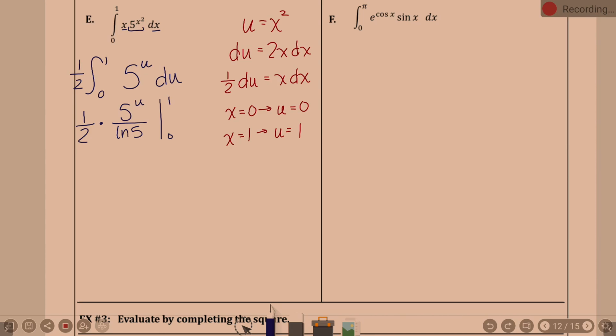The 1/2 can just stay out front. So 5 to the first over natural log of 5 minus 5 to the 0 over natural log of 5.